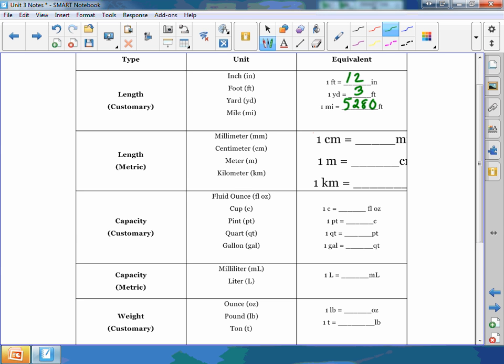So I'm going to actually add one more to this, just to help out. How about a mile would be how many yards?